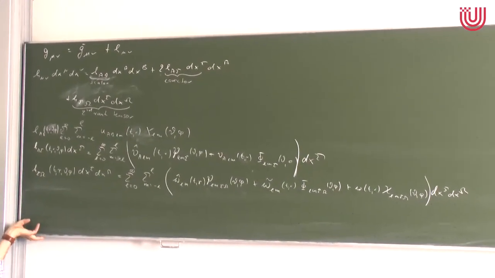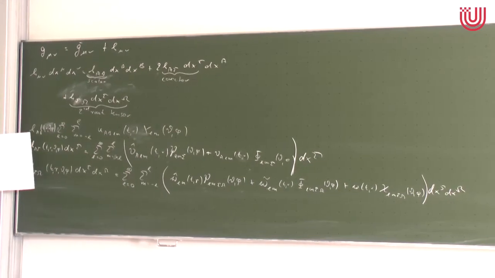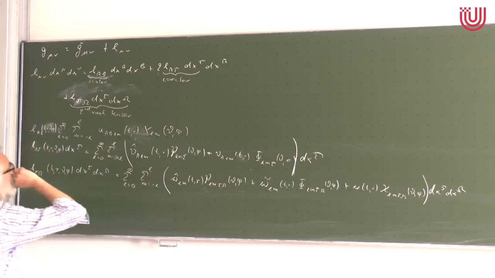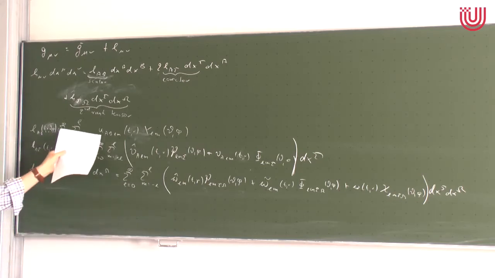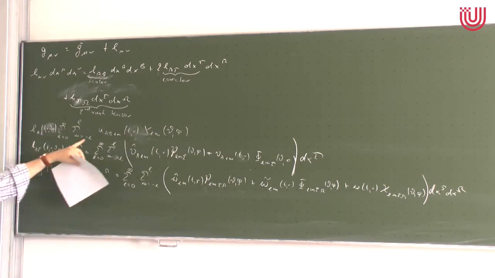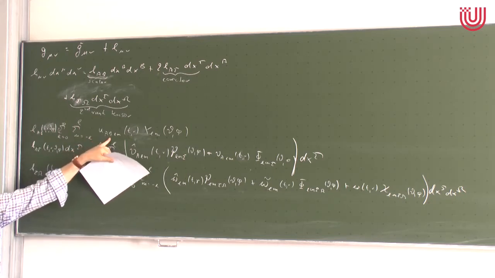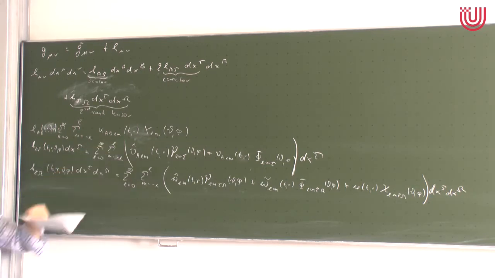Okay, let's count these things. How many components do we have? So if I do this for a fixed L and M, then how many functions do I have here? A and B take the values T and R, right? It's TT, TR, and RR. RT is the same as TR because it's symmetric.